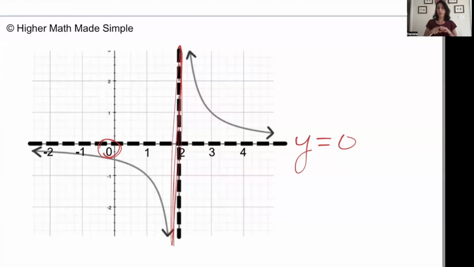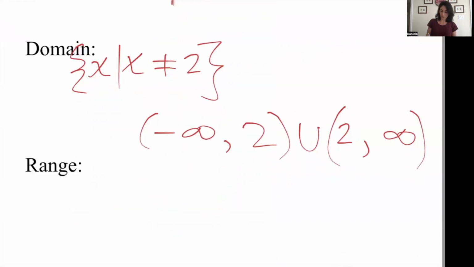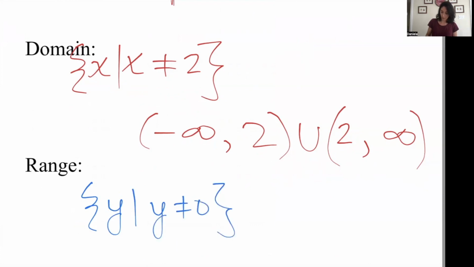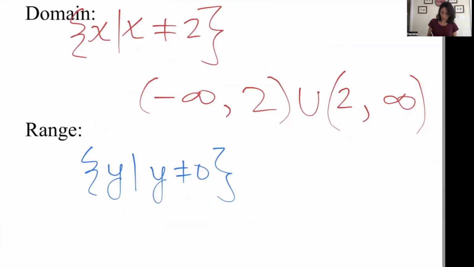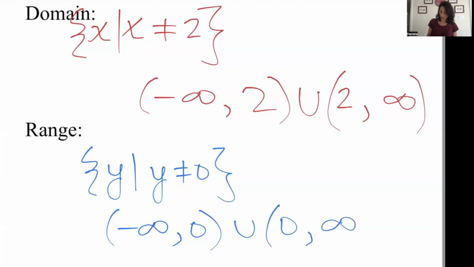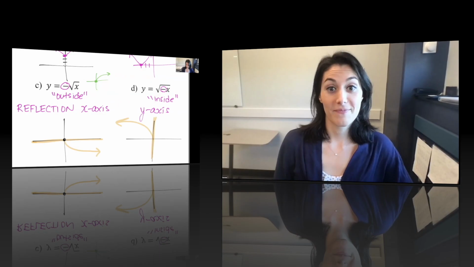Now the range is going to exist everywhere except y equals 0. So for the same reason, you can either use this notation, the set of y values such that y cannot be 0, or in the other way, with the union, it can look like from negative infinity to 0, union, and then from 0 to infinity. So either notation is fine.